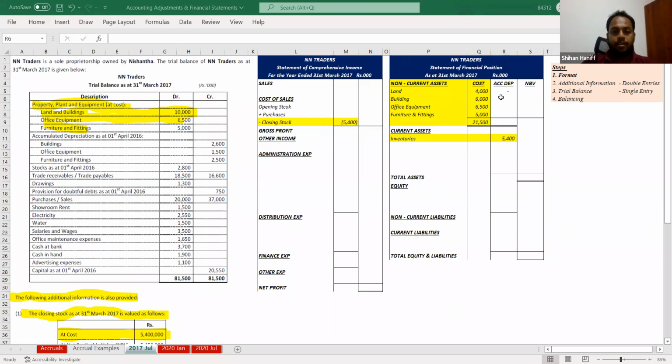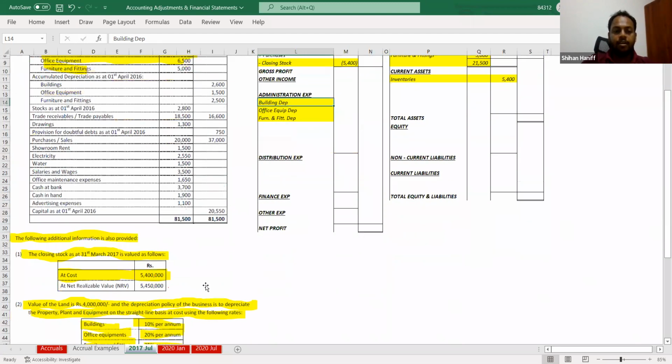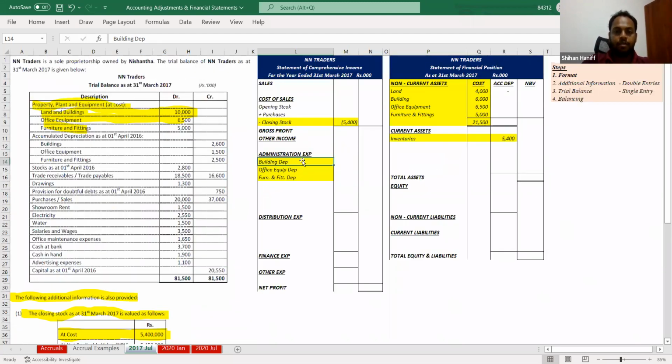All three go to administration expense. Can you all calculate the depreciation for each asset? Calculate the depreciation for the given rates, 10%, 20%, 25% on cost.